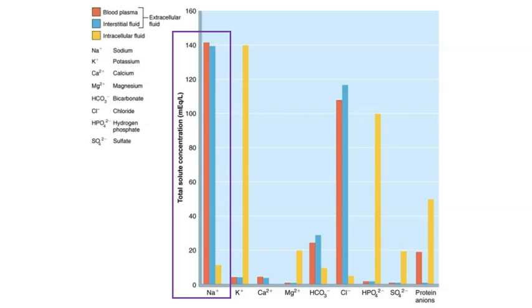This makes sense because the interstitial fluid comes from the blood plasma. That is, the interstitial fluid originates from the blood plasma because it's simply fluid that has been pushed by hydrostatic blood pressure out of the body's capillaries and into the space surrounding the cells of the various tissues.